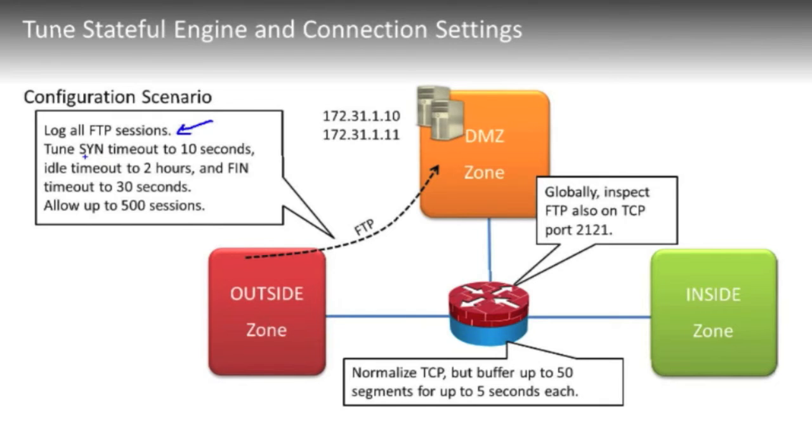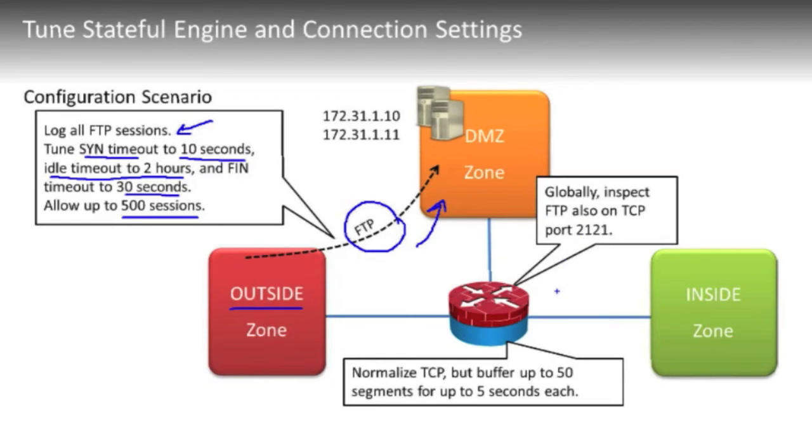We want to tune the SYN timeout to 10 seconds, the idle timeout to 2 hours, and the FIN timeout to 30 seconds, and we want to allow up to 500 sessions. This is for the outside zone using FTP into the DMZ. Wow, how awesome the way we can tune just that particular protocol behavior.